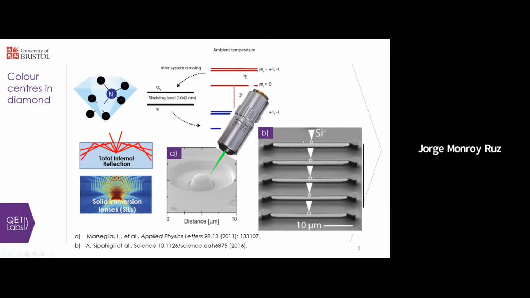It's well known that it's quite a difficult process. So if you want 1,000 qubits, 1,000 of these defects, and probably connect them, solid immersion lenses or diamond etching are not very feasible solutions. To address that, an alternative is to use nanodiamonds.